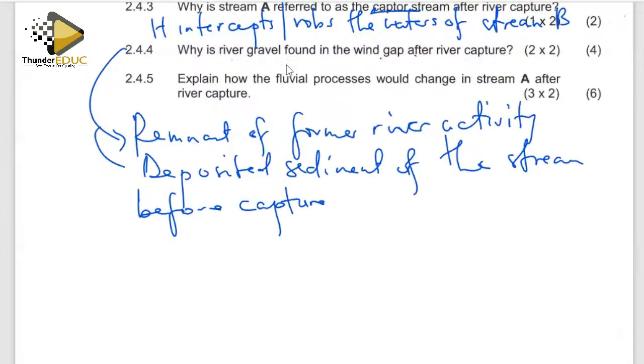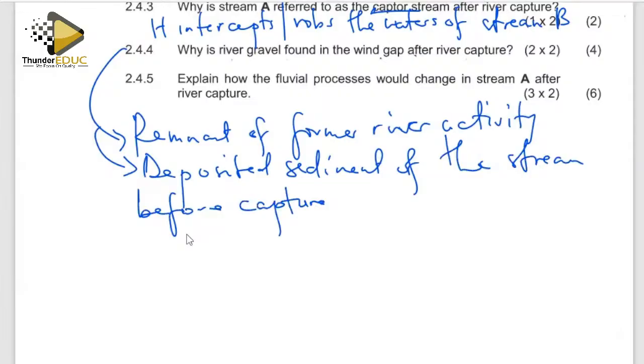It's also evidence of the presence of a former river in that area, and an indication of stream piracy in simple terms. It indicates that stream piracy has taken place, because this is a remnant of the activity of the river, deposited when there was still an active river before the stream piracy took place.